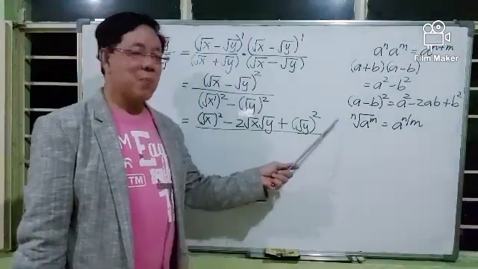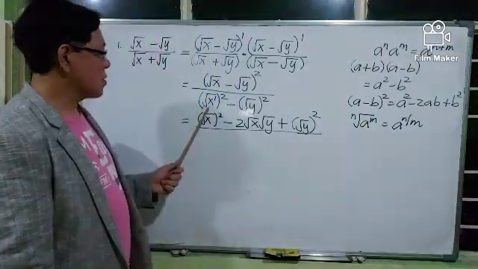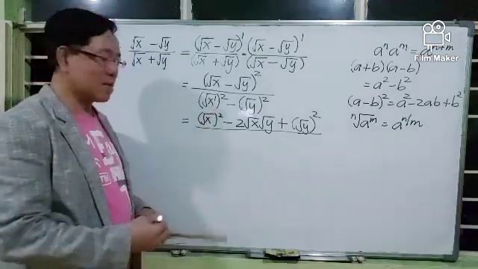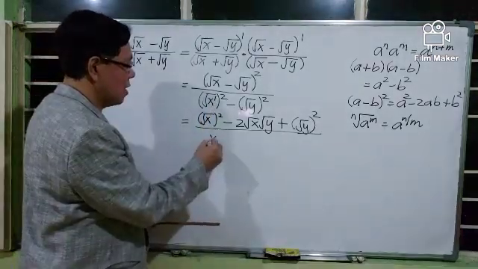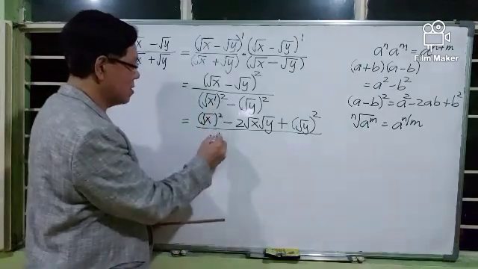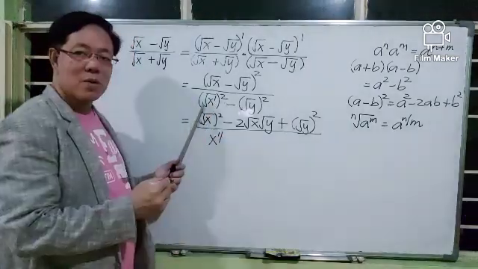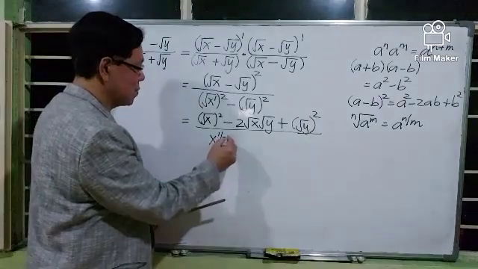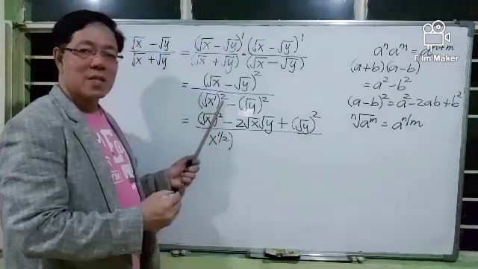Applying this property, square root of x to the 1 equals x raised to the exponent of x, which is 1, and for the square root, the index is 2, and raised to the power 2.